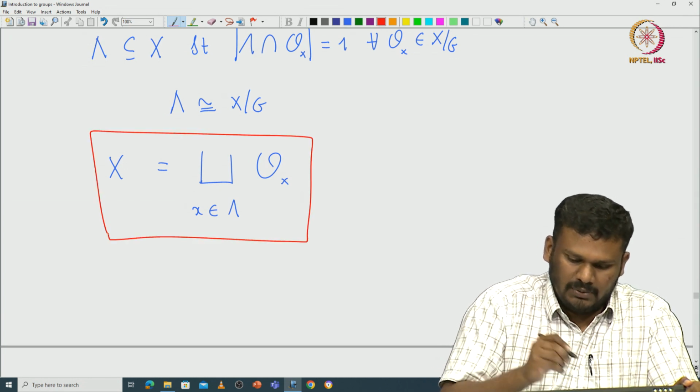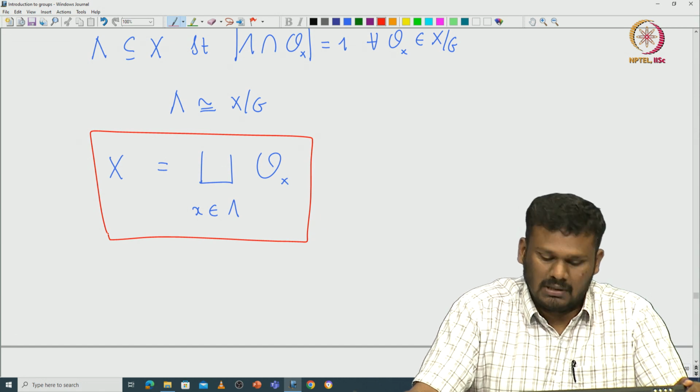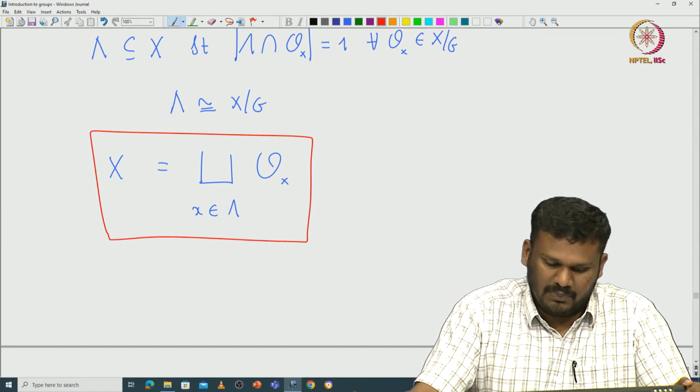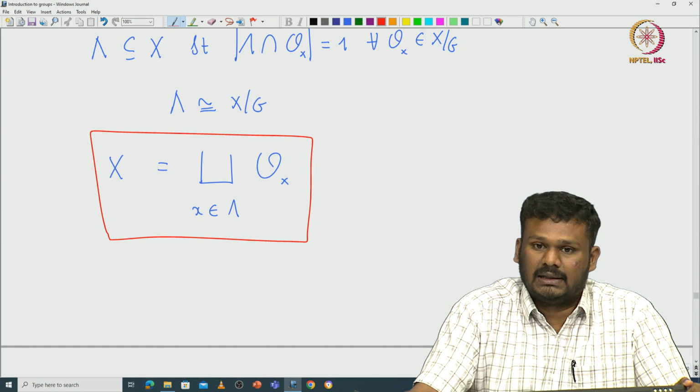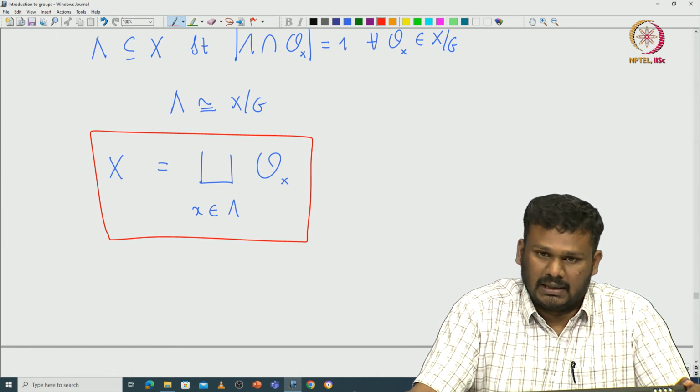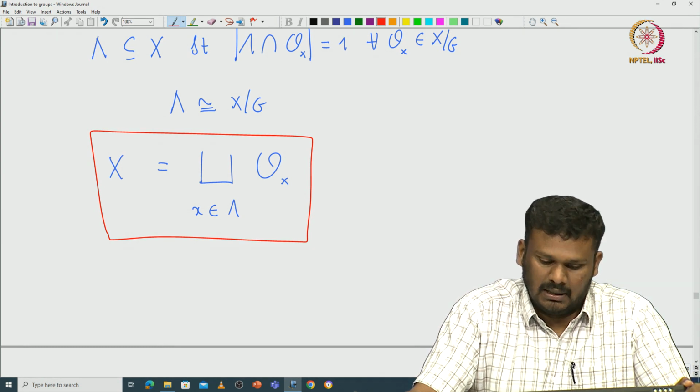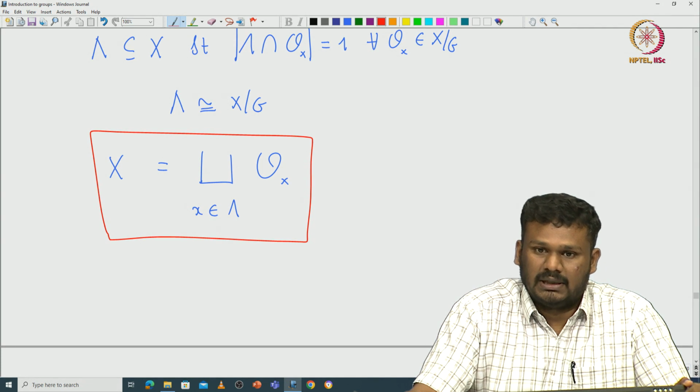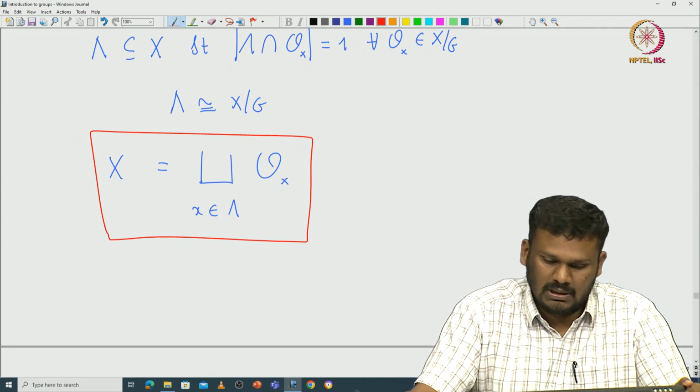In particular we were interested in a particular type of decomposition. We can collect those orbits that have just singleton elements and those orbits that have more than one element.